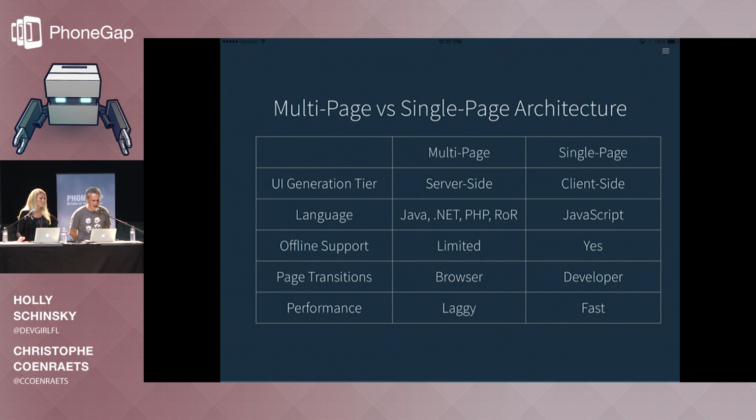You do it in JavaScript as opposed to your preferred server-side scripting language. It works offline. You are totally in charge of page transitions, and it's fast because you don't have to go to the server. You could even build an application like a game or something like that that doesn't go to the server at all. Okay, so this is going to be fast.